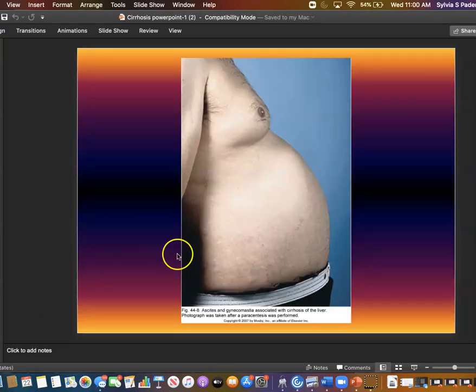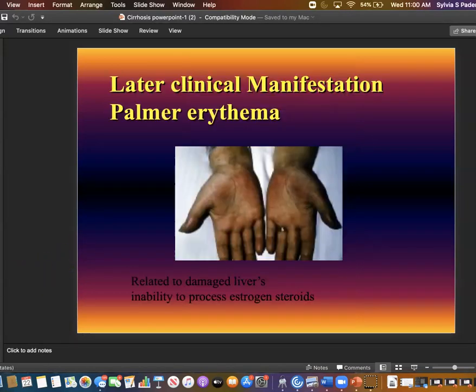Here's a picture of a patient with ascites and gynecomastia. Palmar erythema that I was talking about. This is because the liver is unable to process the estrogen.